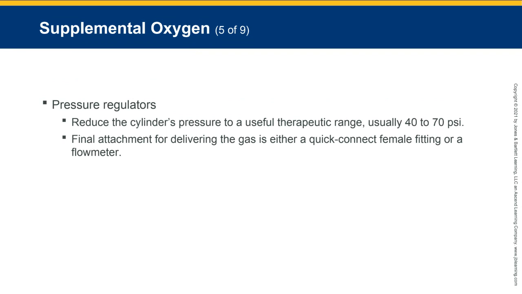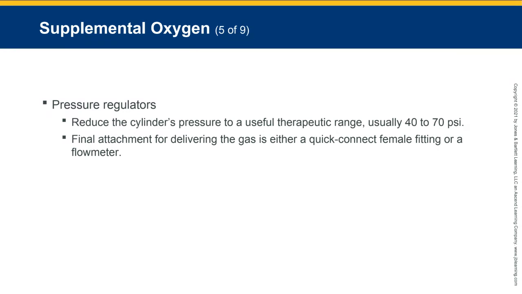Now the pressure regulators. The cylinder when full is 2000 psi. We cannot give a patient 2000 psi if they require oxygen. So the purpose of your pressure regulators is to reduce that to a lower psi, 40 to 70, and at that psi we can titrate it to a desired flow rate.